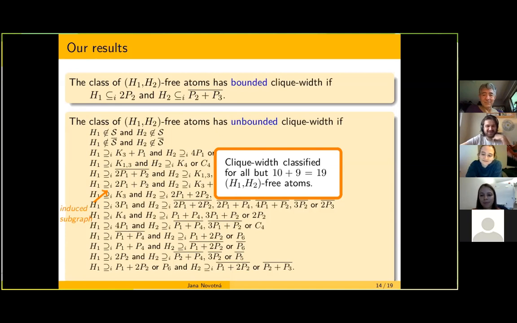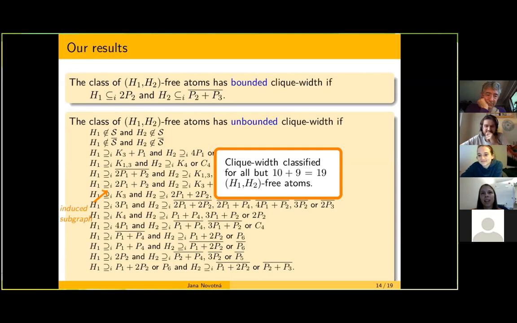One question I have, just looking at this list: when you were showing unbounded clique-width, were you able to come up with a unified construction that was able to take care of many of these cases? Or was it the same ideas, but this is one construction, this is another, etc.? Usually we had some constructions which were able to cross out more cases.